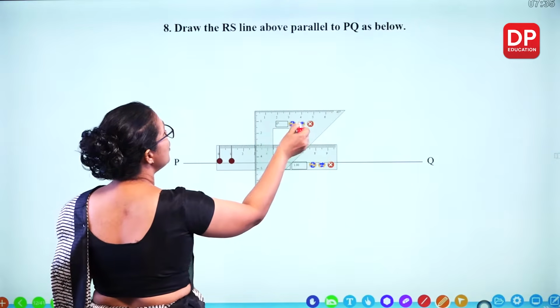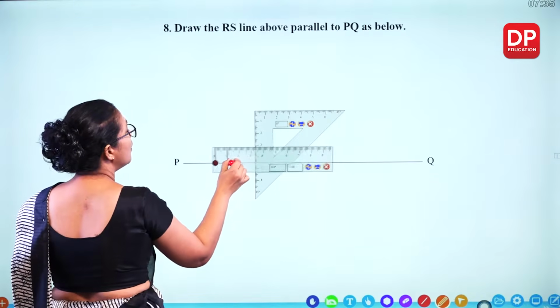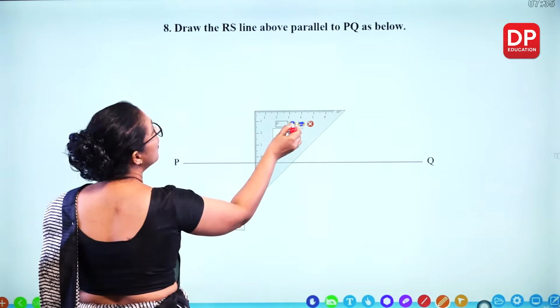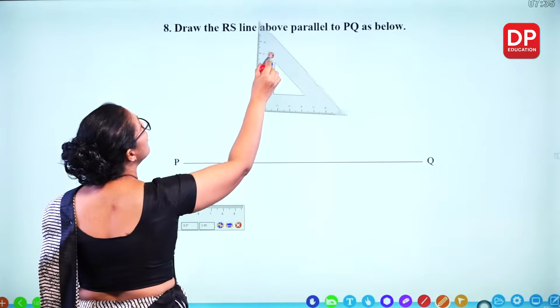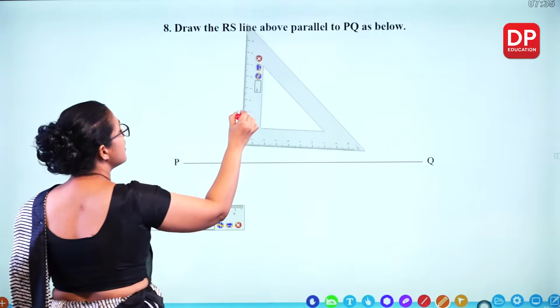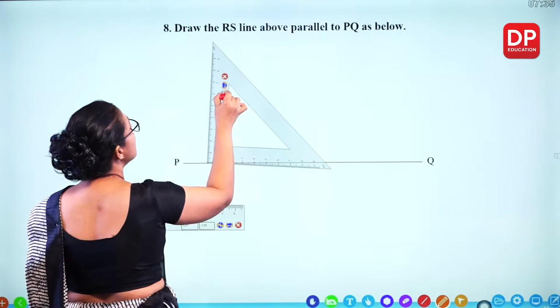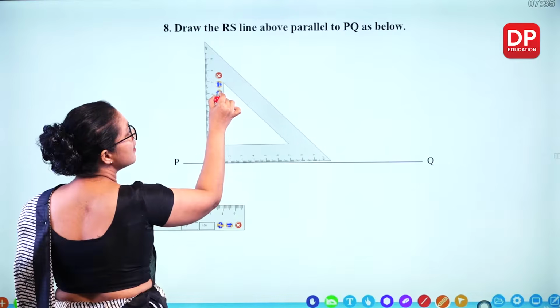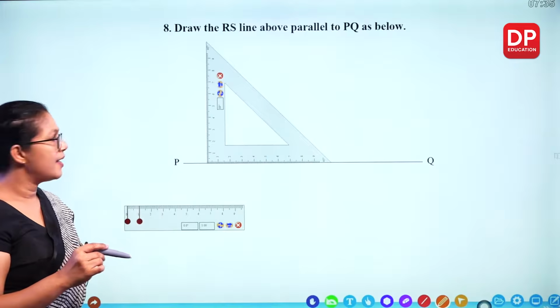Then you can extend this here, keep on top of this line. Here one edge should be on the line.